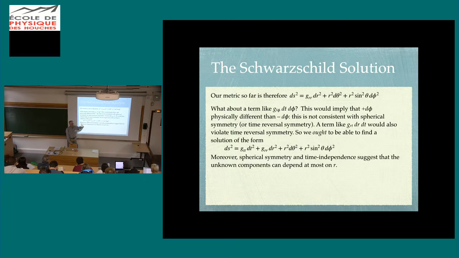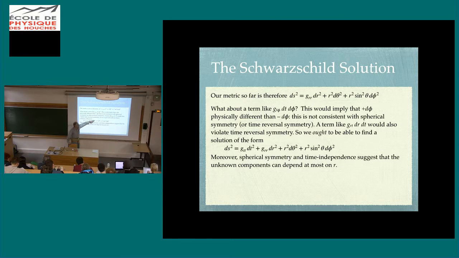And that doesn't seem consistent with spherical symmetry, or time reversal symmetry for that matter. So I don't think I want to include a term like this. It doesn't reflect the symmetry that I want. An off-diagonal term like this would also violate time reversal symmetry. So we ought to be able to find a solution of this form where I have no off-diagonal component. Anyway, that's a good guess.